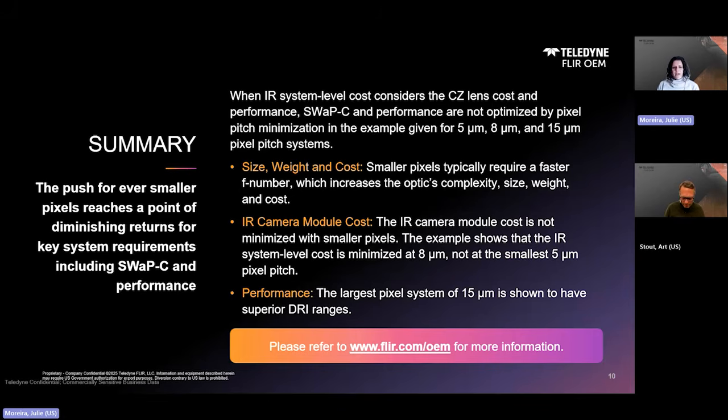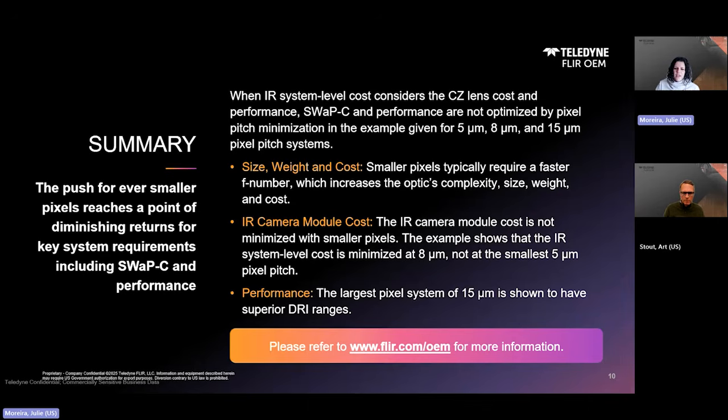The IR camera module cost, which includes wafer, cryocooler, and other subcomponents, is also not necessarily minimized with smaller pixels. As shown in the example, the IR system level cost is minimized at 8 microns, not at the smallest 5 micron pixel pitch. When the comparison example is extended to include performance, the largest pixel system of 15 microns is shown to have a slightly improved DRI range.